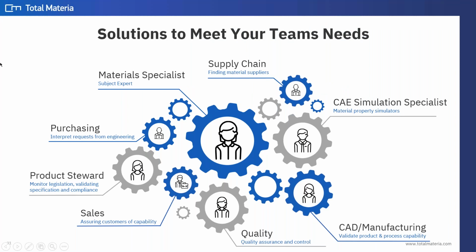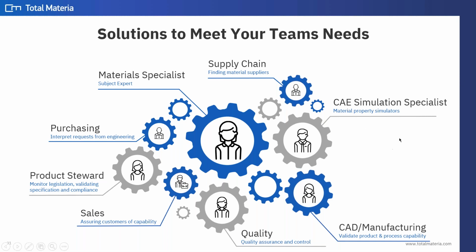We will show you how the solutions meet your team's needs, because each engineering department asks for different information. The material specialist wants to know all about material and compare them. The supply chain purchasing department wants to find where they can purchase the material at the best price, best alternative, best stock.